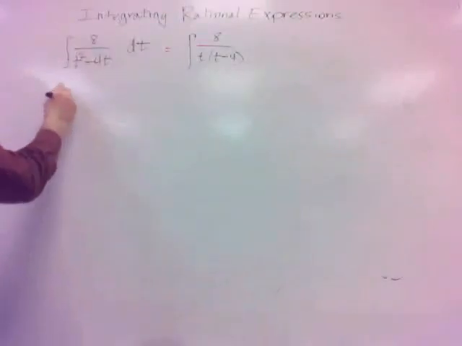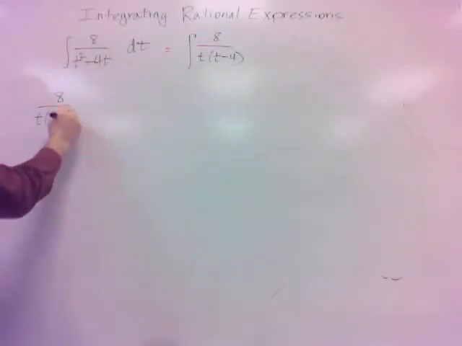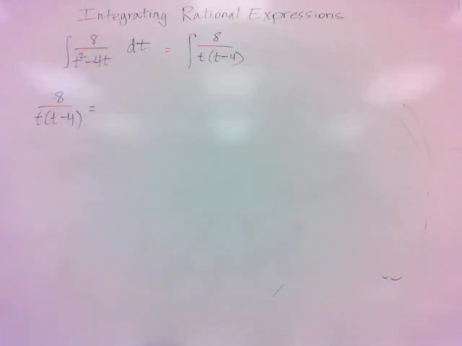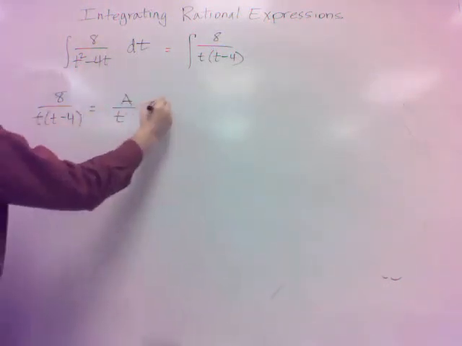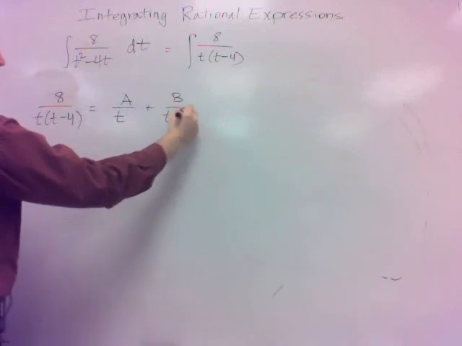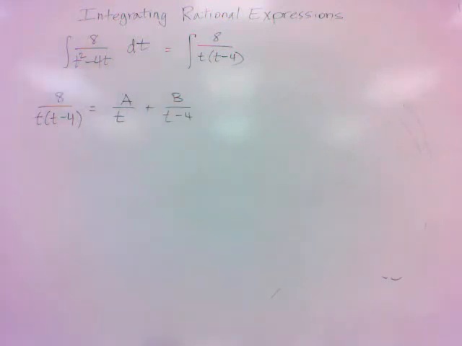Okay, so what do I do? I take the 8 over t times t minus 4, and I split it into 2. I've got A over t, and then B over t minus 4, or vice versa. And so then I multiply everything by t minus 4.